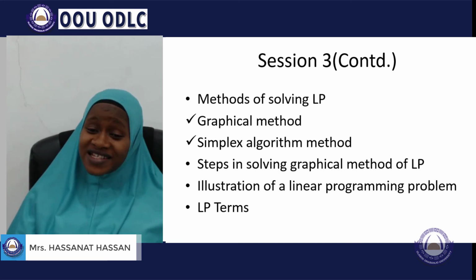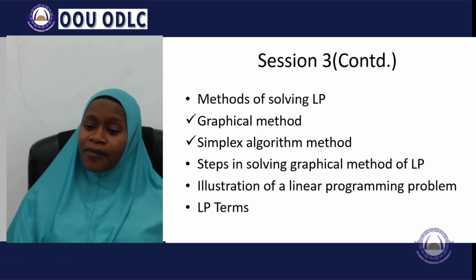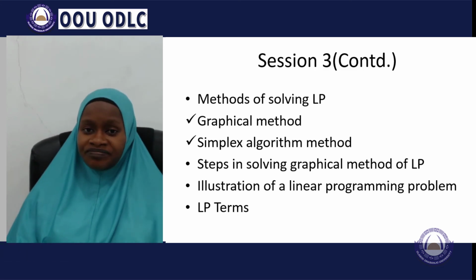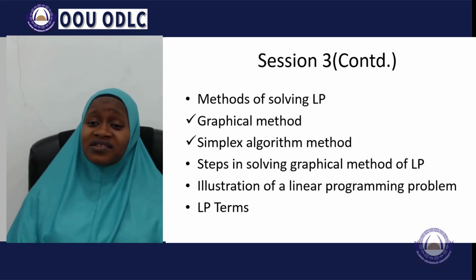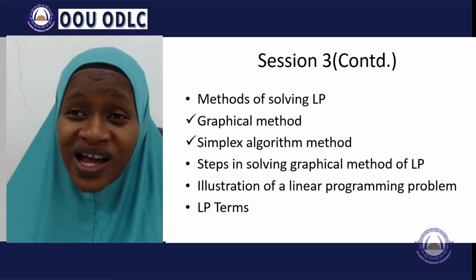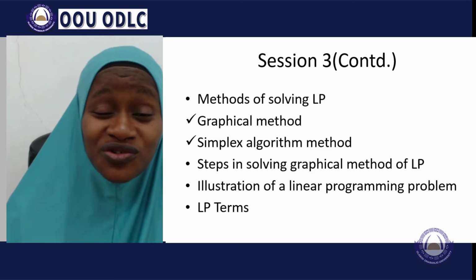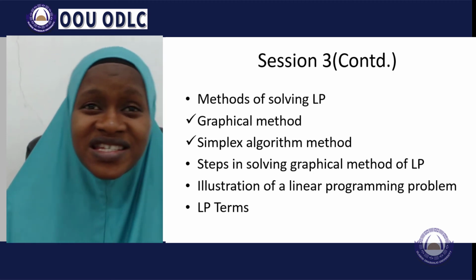So for that example, we have 3 corner points: corner point A, corner point B, and corner point C. At corner point A, you identify the x and y, and you substitute them in the objective function, then at corner point B and corner point C as well.